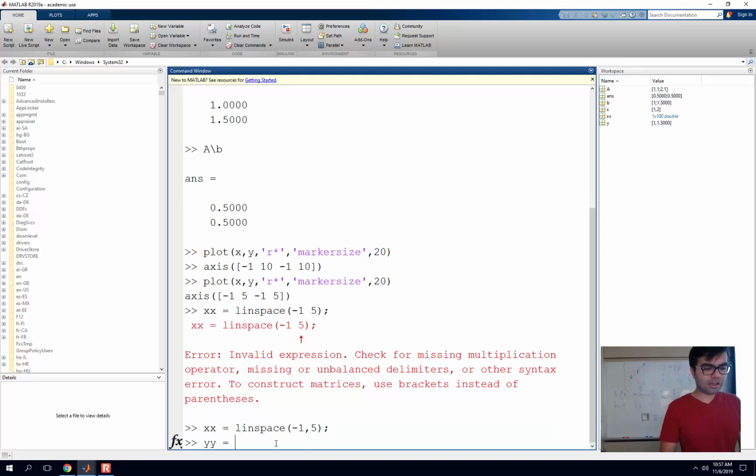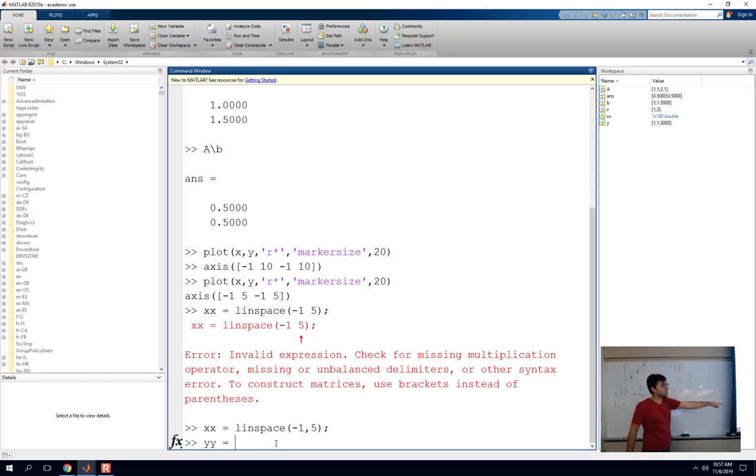And yy is equal to what? What are the y values associated with those x values when I want to plot my line? What is my function? 0.5x plus 0.5, right? 0.5x plus 0.5.